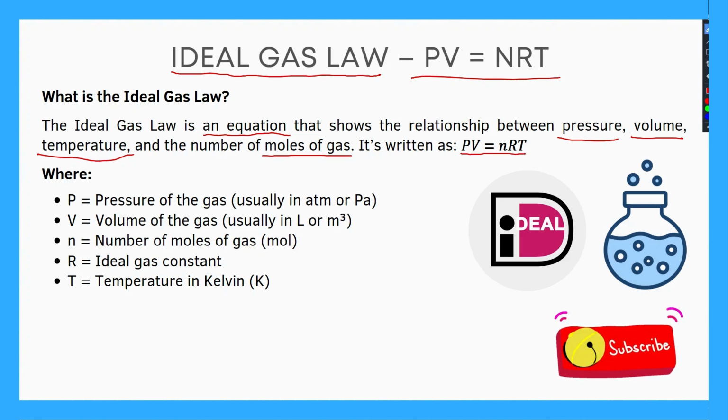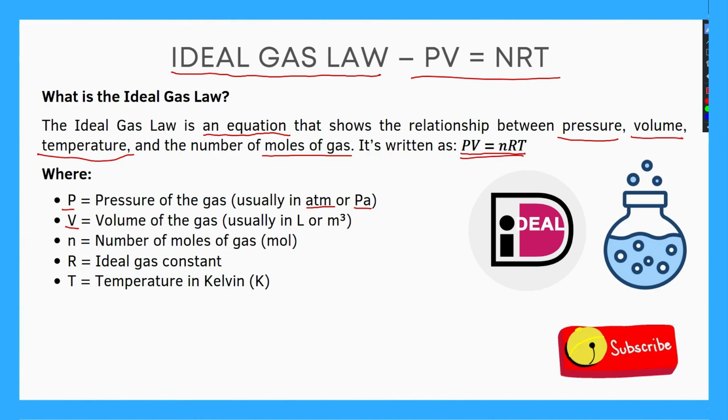All right, so here are the definitions of all the variables we have in this formula. First of all, we have P. P stands for the pressure of the gas, and it is usually measured in atmospheres or pascals. V stands for volume.